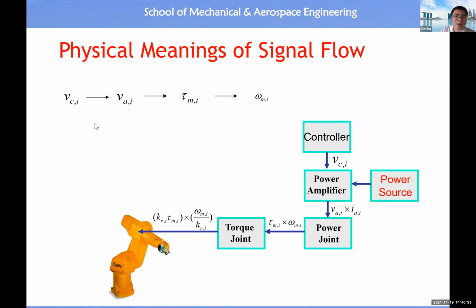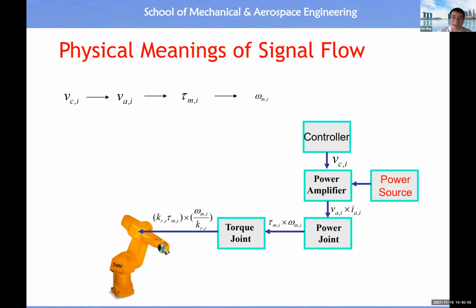Okay, this slide basically summarizes the signal flow and the energy flow. You see, start from a signal, which is the output from the robot's brain. Then this will control the release of electric energy. Then the release of electric energy will affect the amount of mechanical energy. Then this amount of mechanical energy will produce this amount of motion.